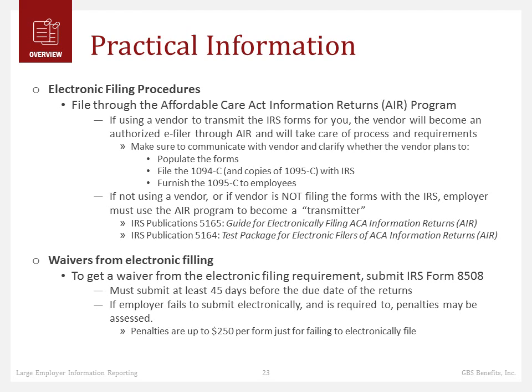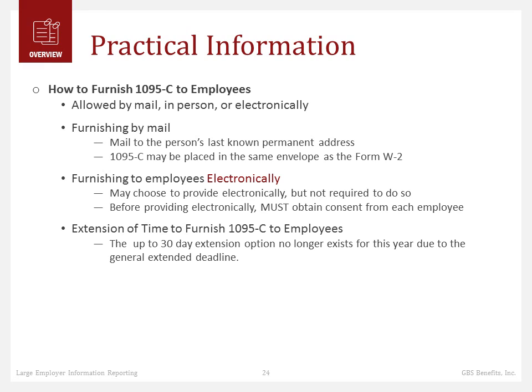If for whatever reason you think you need to ask for this, I'm not sure what the process is in order to get a yes to that, but if you don't get a waiver and you are supposed to submit electronically, penalties may be assessed just for not filing electronically. So you want to make sure that you do that if you are required to.